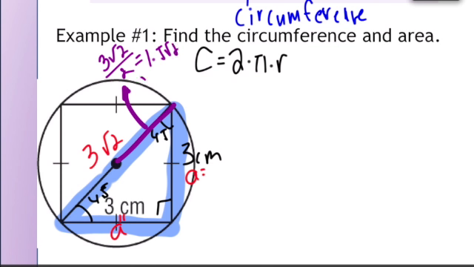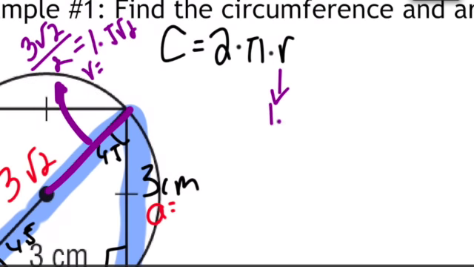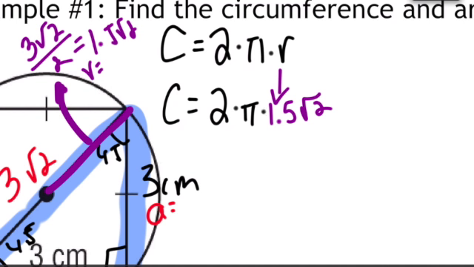So that's what my radius is. So I'm going to go ahead and just plug that into the circumference now. So the radius is just going to become 1.5 radical 2. And I'm just going to bring everything else down. I'm going to bring the 2, I'm going to bring the pi, and I'm going to bring the 1.5 times radical 2.